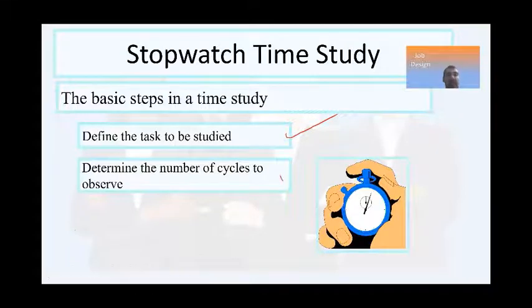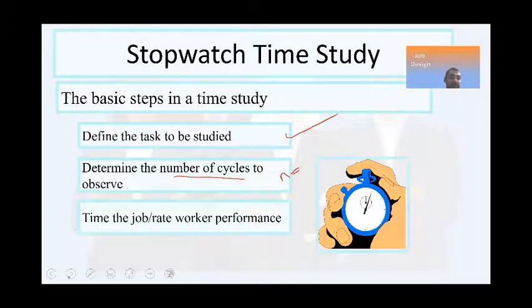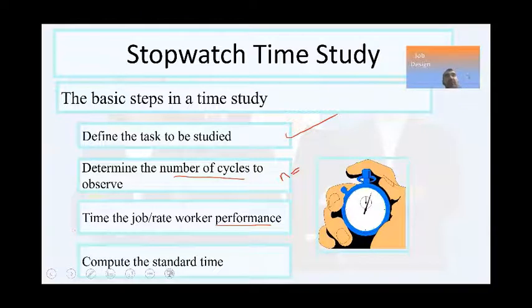Then we are going to calculate n, which is the number of cycles to observe. How many observations do we need to take? How many times do we need to do time studies? How many times are we going to pick individuals and time them on the tasks? Then we're going to find the time or job rate performance. So we're going to have a performance rating for the worker, and then we compute the standard time.